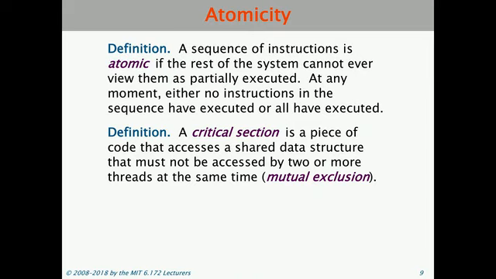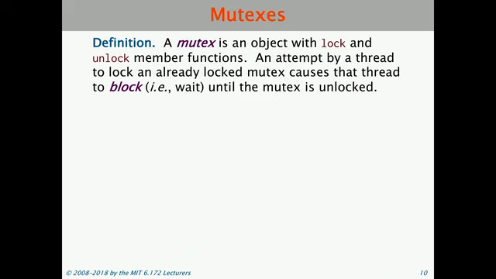Okay, and the part of code that is within the atomic region is called the critical section, and typically a critical section of code is someplace that should not be executed by two things at the same time.